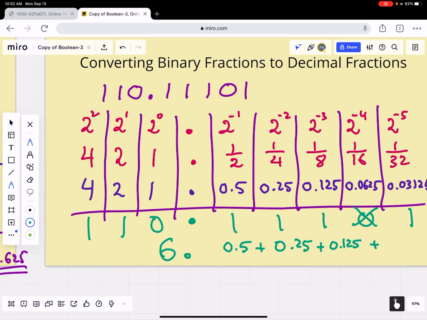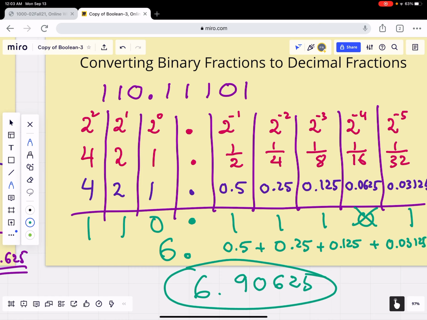I'm gonna add with this one 0.03125. So after you add all this together, if you use your calculator, it becomes 6.90625. And this is your answer.